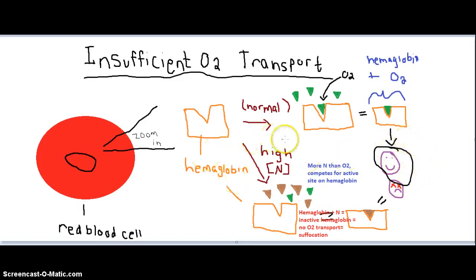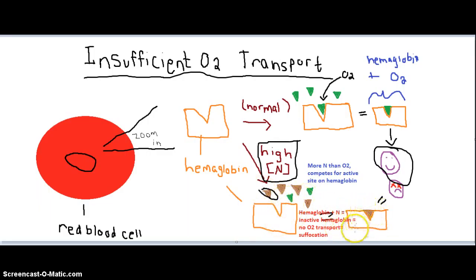Okay? But let's talk about the case of high nitrogen concentration. Here's our hemoglobin again, and there's lots of tiny little nitrogen, or nitrate or nitrite, in the system here, and it's overpowering the oxygen. Since this substrate is the same general shape as the oxygen, it is also able to bind to the hemoglobin.